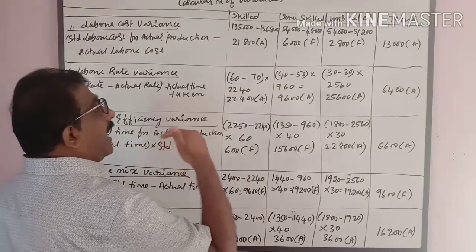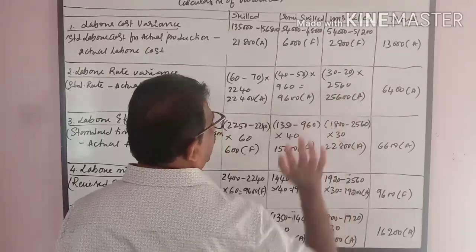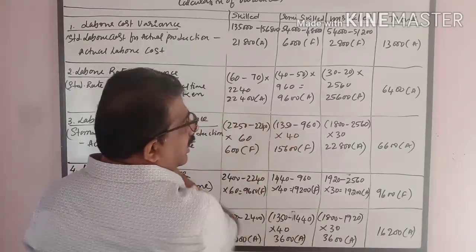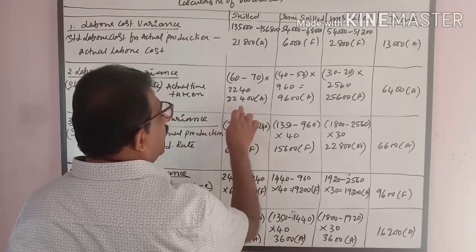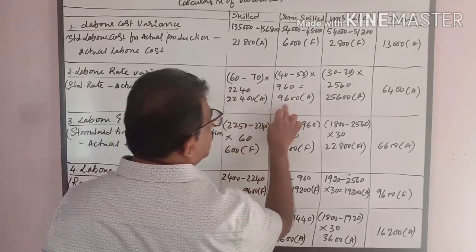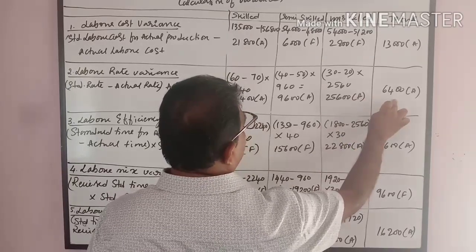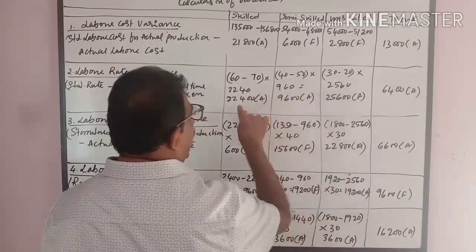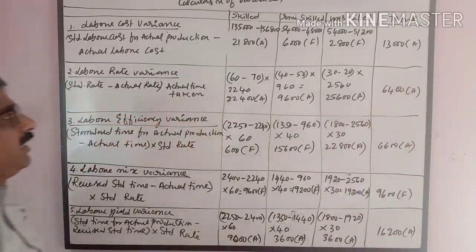For unskilled laborers, 30 minus 20 into 2560 is 25,600 favorable. For the total, I add the adverse values and deduct the favorable: 22,400 plus 9,600 minus 25,600 gives 6,400 adverse.